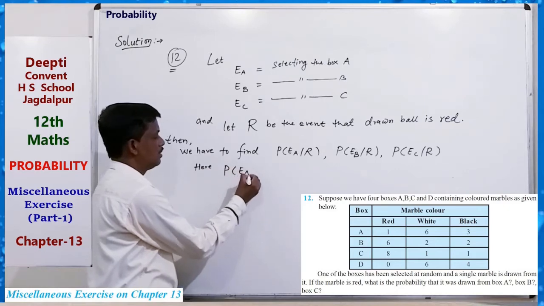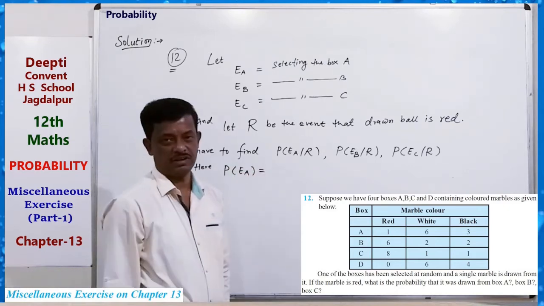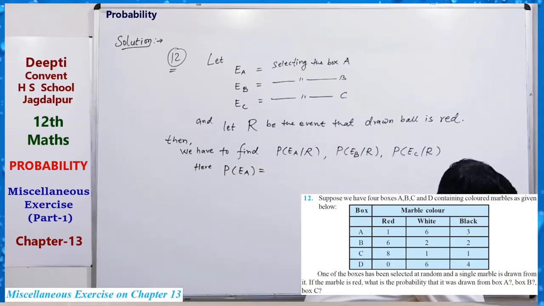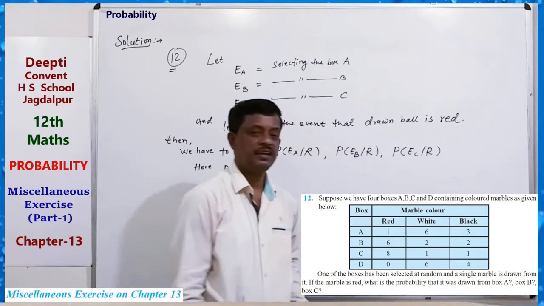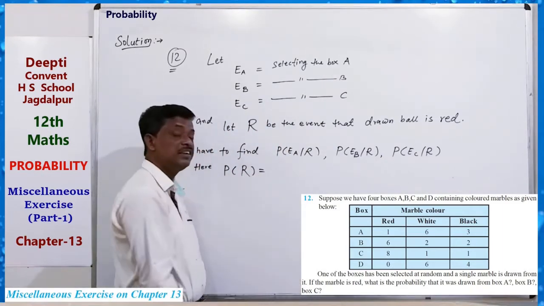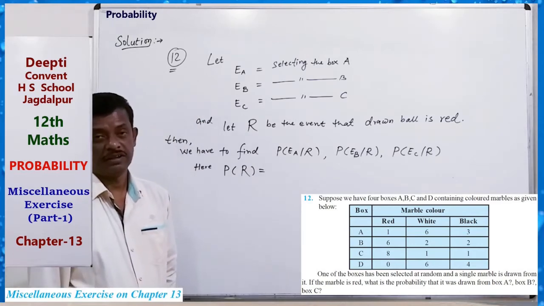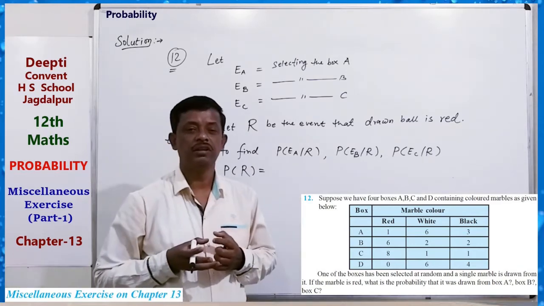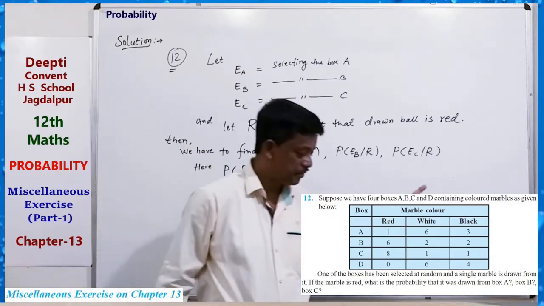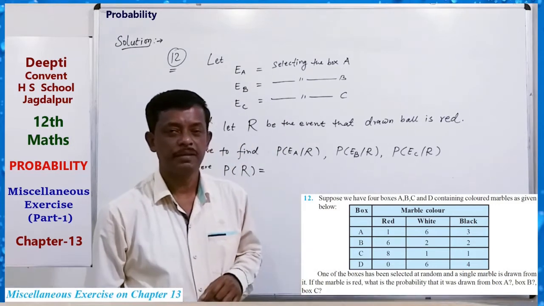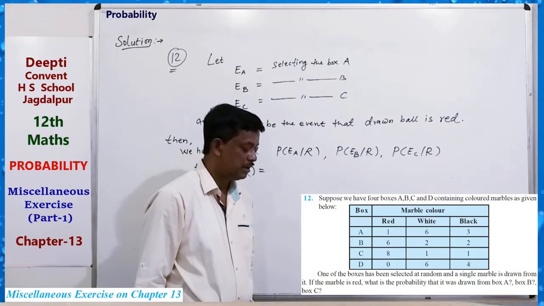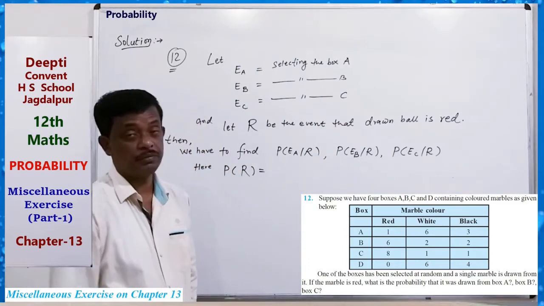First of all, P(R), the probability of finding a red ball. See in the table how many red balls there are: 1, 6, 8, so 15 red balls are there.